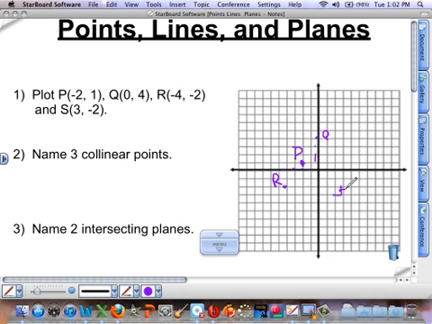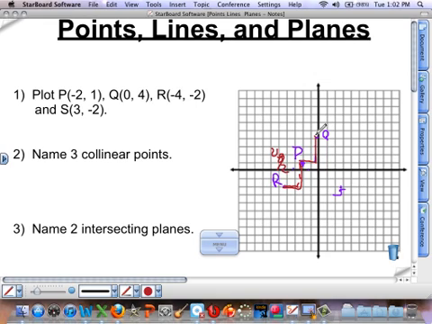Should be the same. So if I look at my slope from R to P, I went over 2 and up 3, that's the slope of 3 halves. And if I do it again from P to Q, over 2 and up 3 again, I get the same slope. So they are definitely collinear.